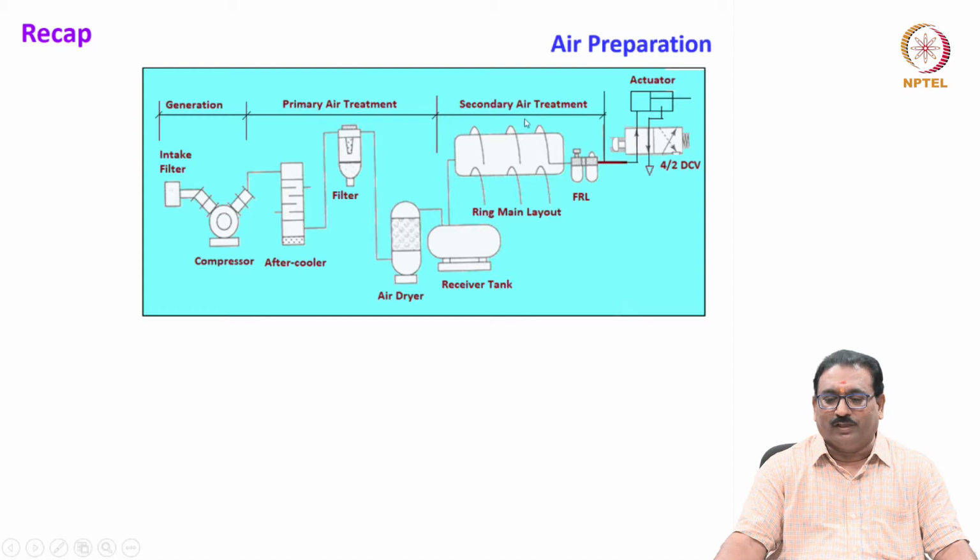How? Using the ring main layouts. Before going to the valves or any machine tools, air should be again filtered, regulated and lubricated using the secondary air treatment device, known as FRL. Then it will go to the valves and then actuators.